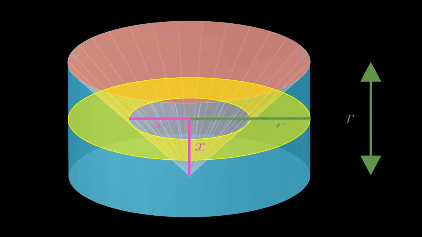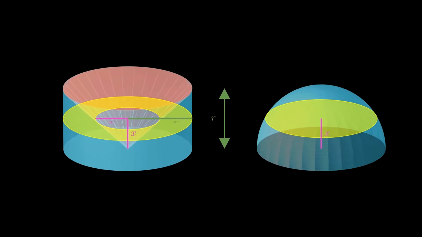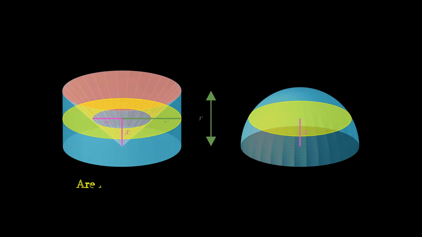This means the area of that donut slice is the big circle minus the small circle, which is pi r squared minus pi x squared. We can factorize out the pi, and so we make brackets, and inside those brackets it's r squared minus x squared. Okay, that's going to be important later as well.